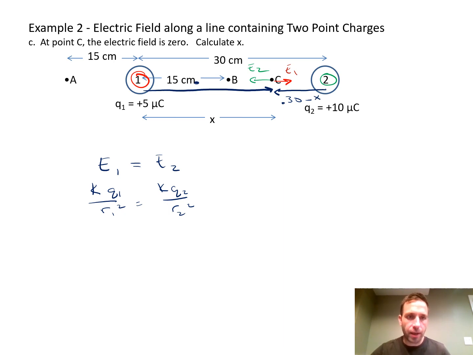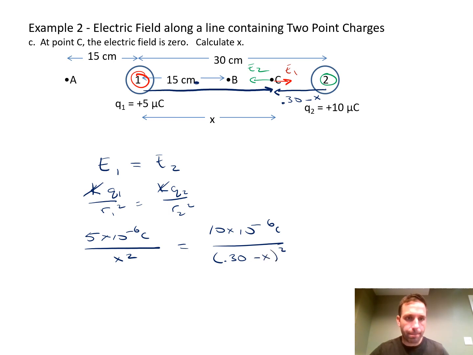So now I'll sub that in, and also I can cross out these k's. So 5 times 10 to the negative 6 coulombs over x squared should equal 10 times 10 to the negative 6 coulombs over (0.3 minus x) squared.